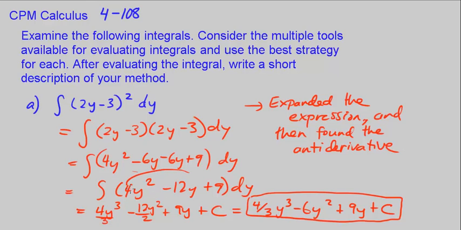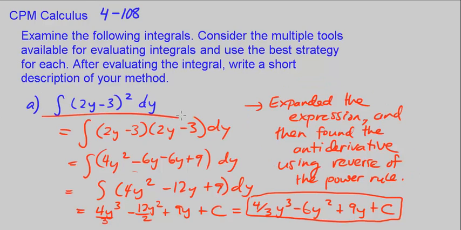And how did we find the antiderivative, the integral? We used the opposite of the power rule. So let's call it the reverse of the power rule. Okay, so that's the method we used for part A.